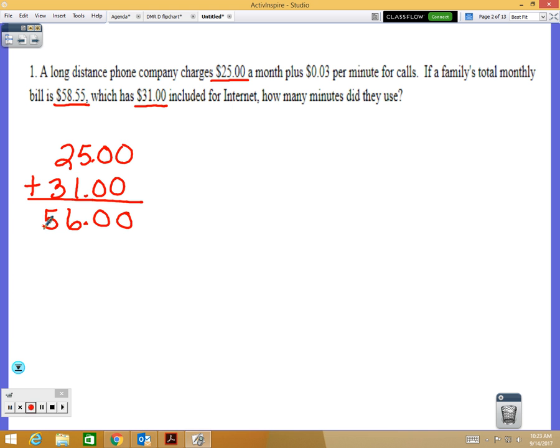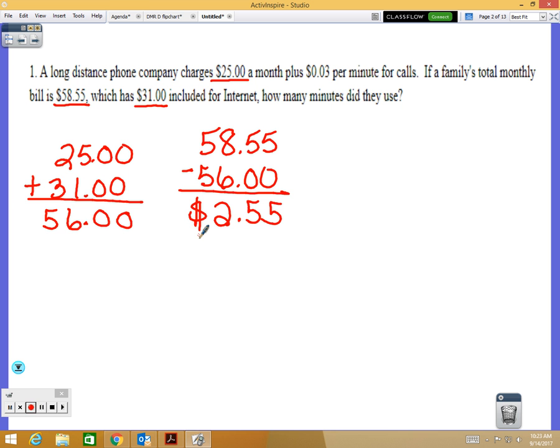And I subtracted that from my total, $58.55. And that gave me $2.55. $2.55 is how much was spent on those per minutes, okay? Because we use 3 cents per minute.